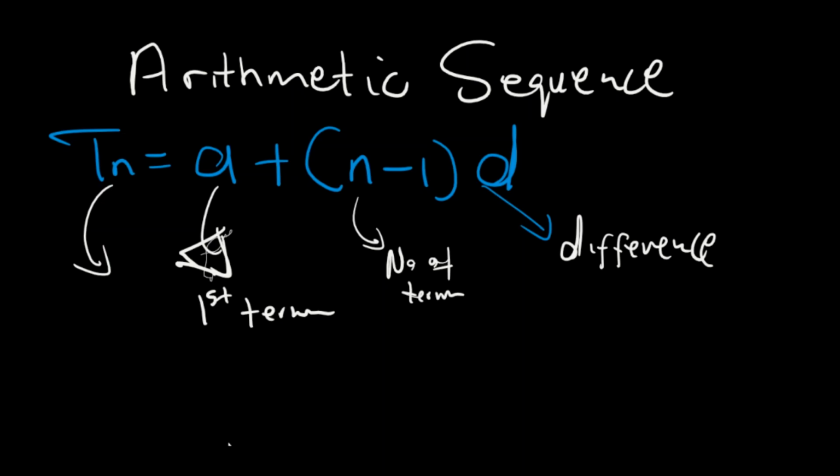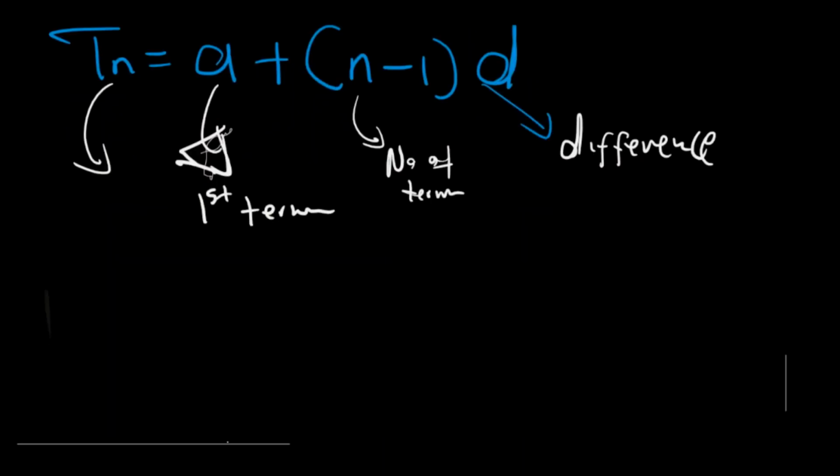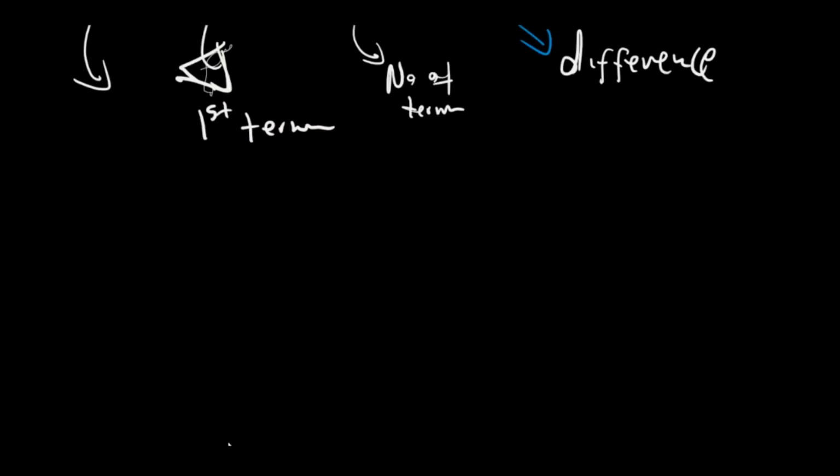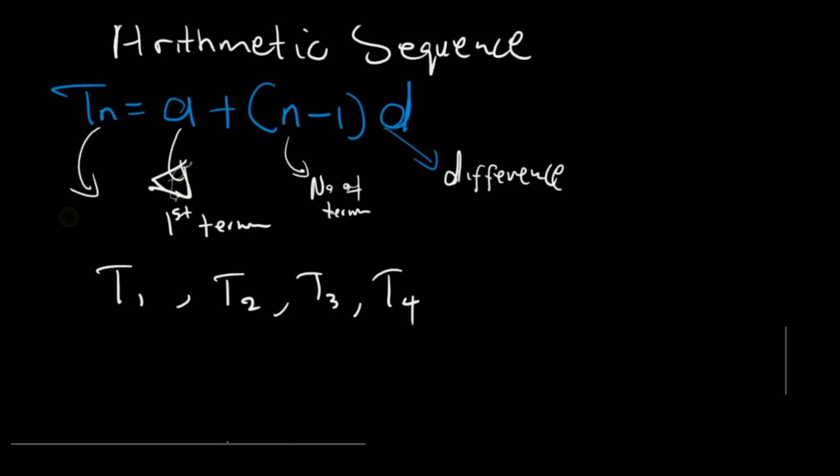So let's identify the terms for this arithmetic sequence. If we want to identify term number 1, let's say we have a sequence of term number 1, term number 2, term number 3, term number 4, right? So want to identify term number 1, remember our formula. So to find term number 1, we're going to say T1 is equals to, where there's n, you're going to substitute the 1.